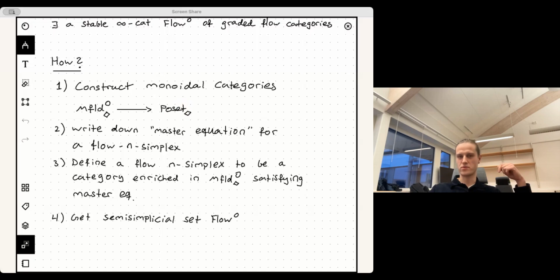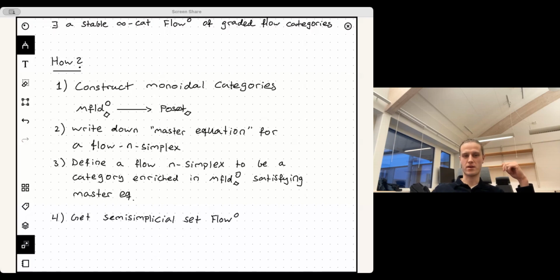And once you've done that, you can define a flow n-simplex to be a category enriched in this monoidal category that maps to the correct thing down here. When you map down here, it should satisfy whatever master equation you were able to cook up. And if you do this correctly, you should get out at least a semi-simplicial set, which is your category roughly.